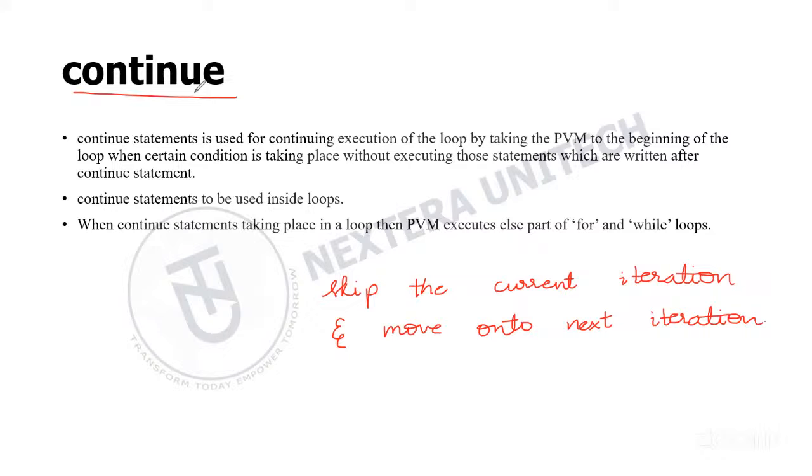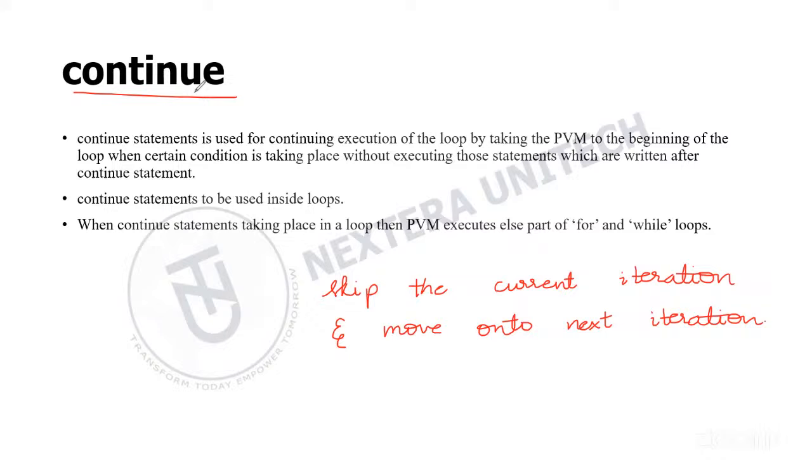Unlike break, which will stop the loop completely, what continue does is it will skip only one iteration when the condition becomes true, if we use an if else block. So it will skip only one iteration and it will continue the loop.